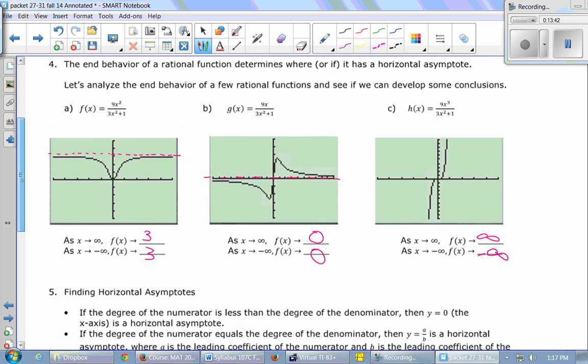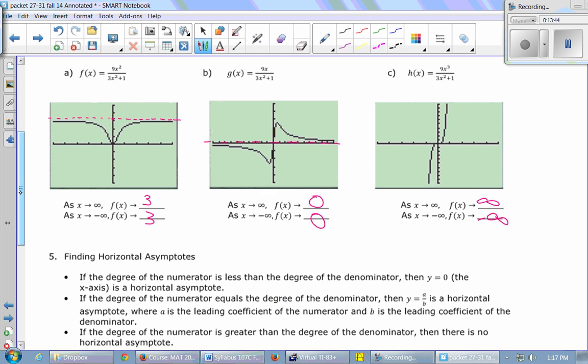So to find horizontal asymptotes, if the degree of the numerator is less than the degree of the denominator, which of these 3 examples has that? B, yeah.